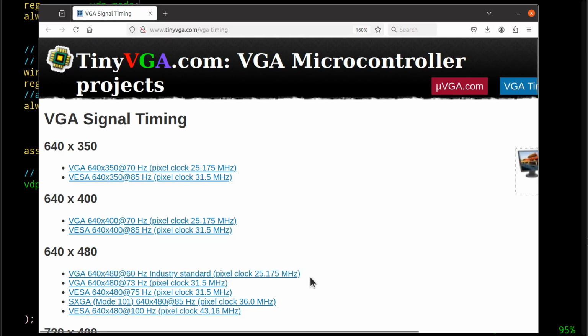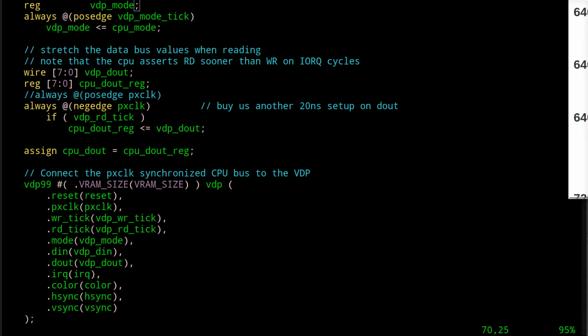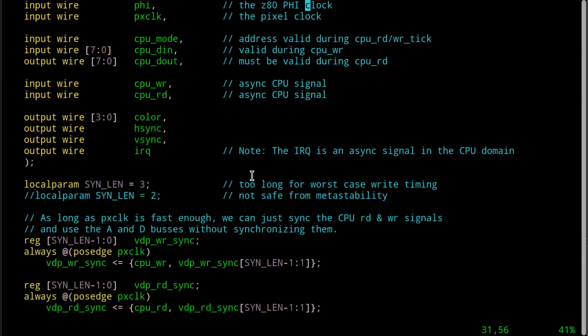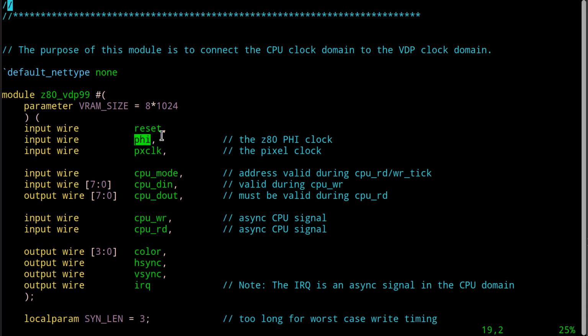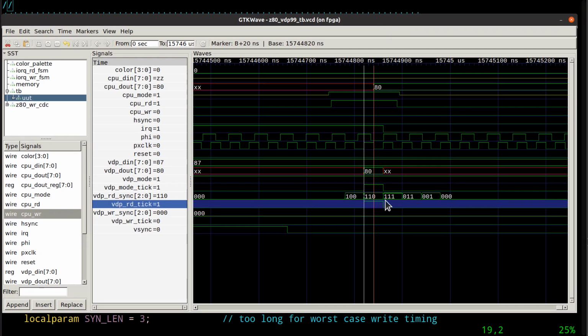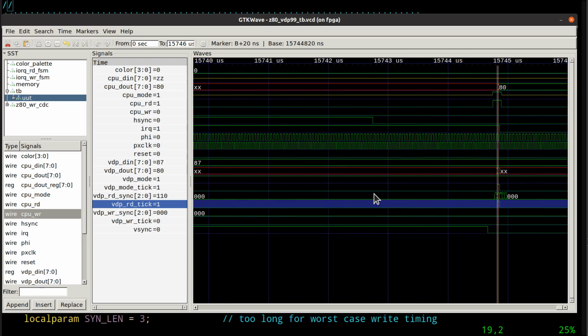I really am running this at 25 megahertz, which is a little bit faster than the phi clock from the CPU. So the timing diagrams that we're looking at here, with the very simplistic synchronization logic, is, in my opinion, valid to do.